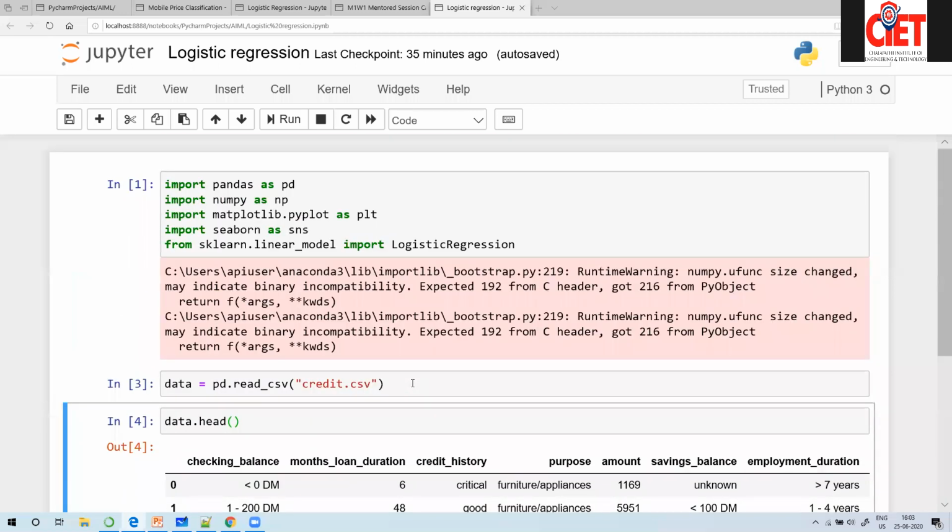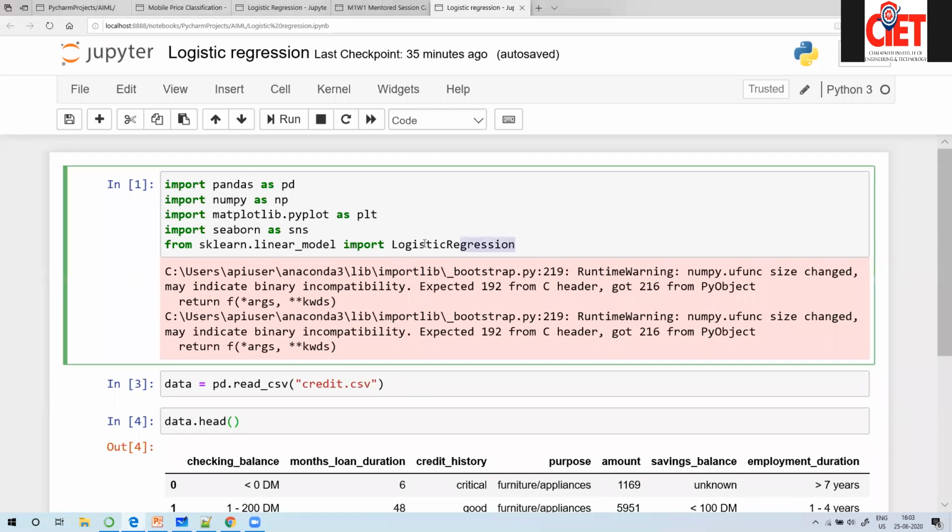To start with, I don't need to introduce you to these modules anymore. You're already familiar with it. Pandas, NumPy, Matplotlib, Seaborn. These are some of the modules that we would be using throughout any exercises that you have to do, irrespective of what model you are going to build.